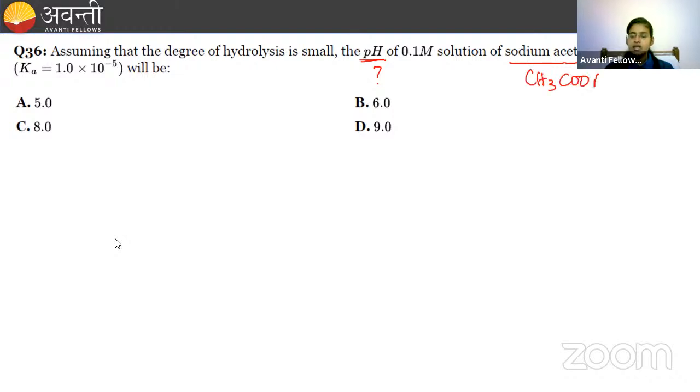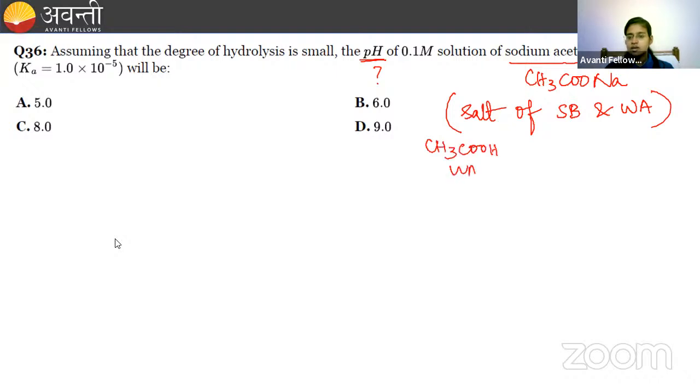CH3COONa. Sodium acetate is a salt of a strong base and a weak acid, because CH3COOH is a weak acid and NaOH is a strong base.